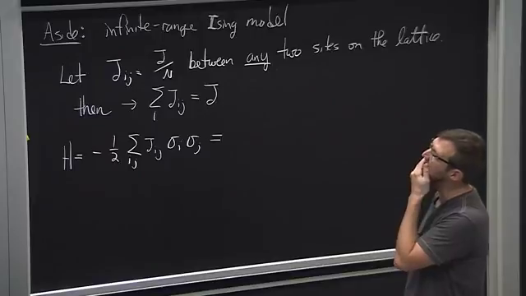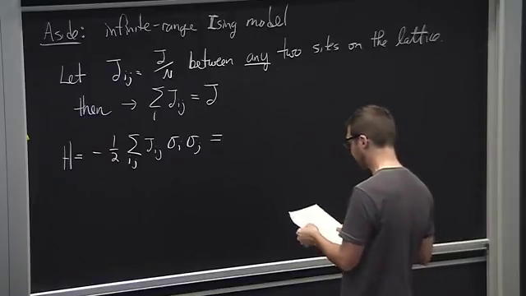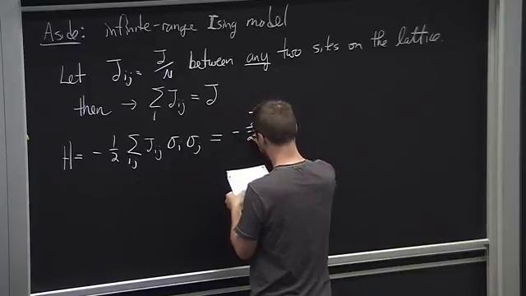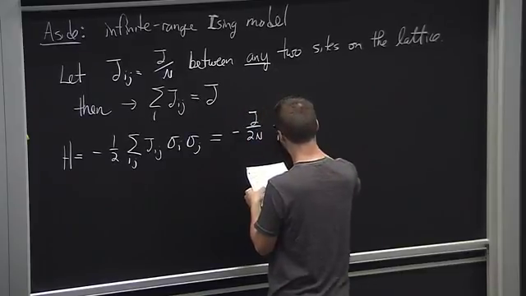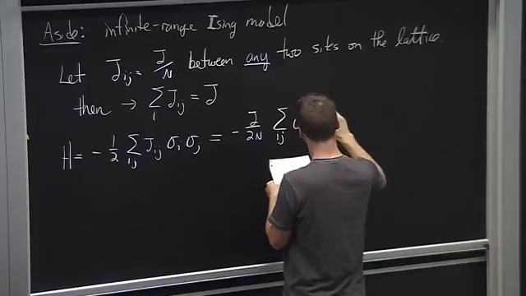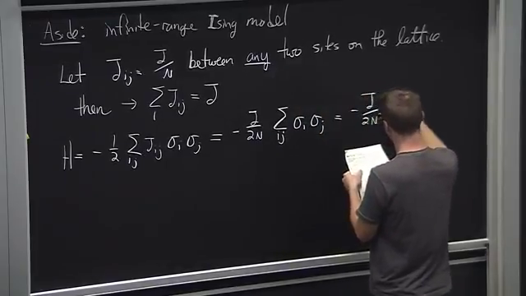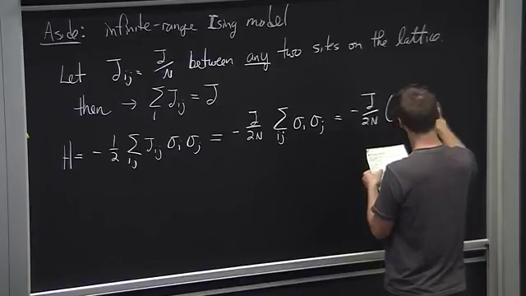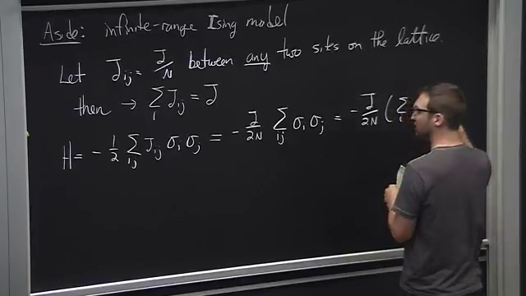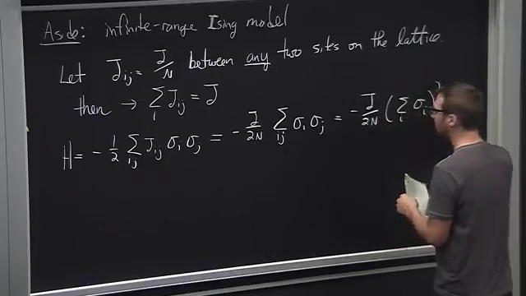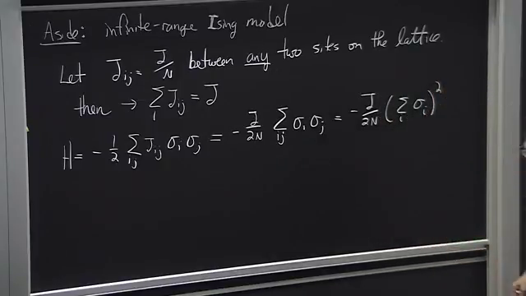I'm going to say no. So I have two independent sums, one over i, one over j, sigma i, sigma j.